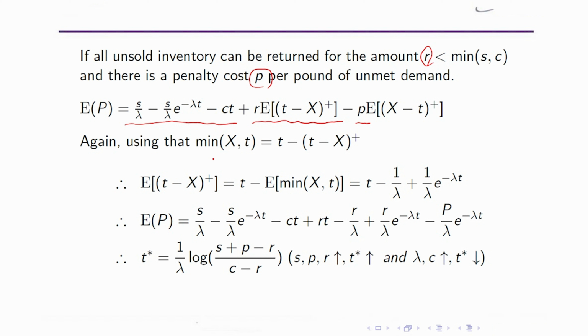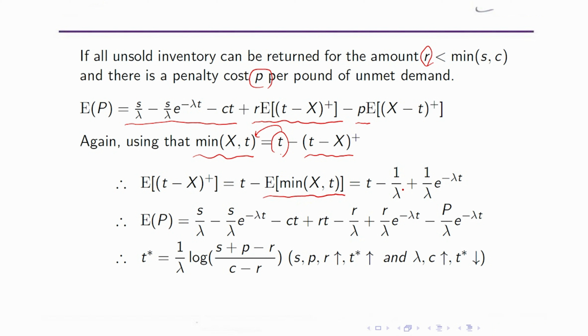So again, we can use the equality: min(X, T) is T minus (T minus X)+. And remember that (T minus X)+ will be T minus min(X, T). If you take the expectation, because T is not random, it remains T minus the expectation of min(X, T). And the expectation of min(X, T) has been solved previously, right?